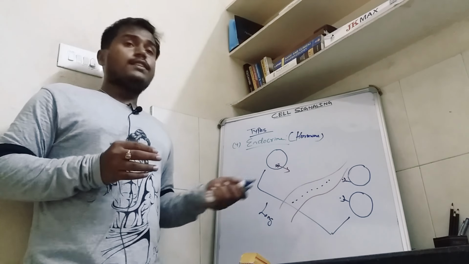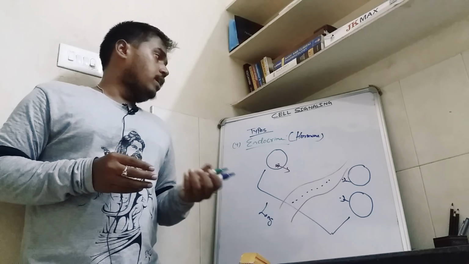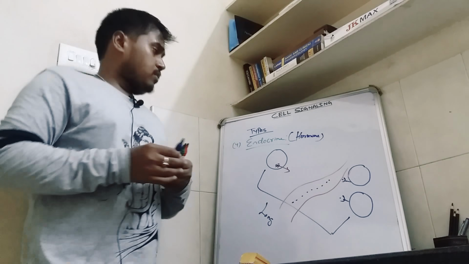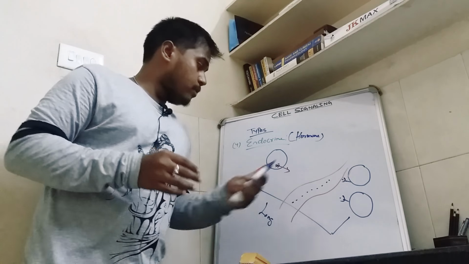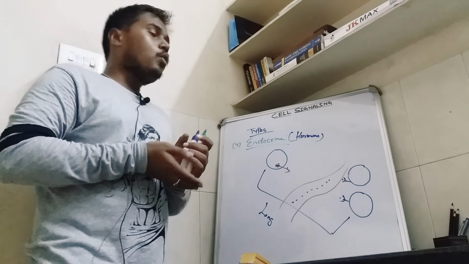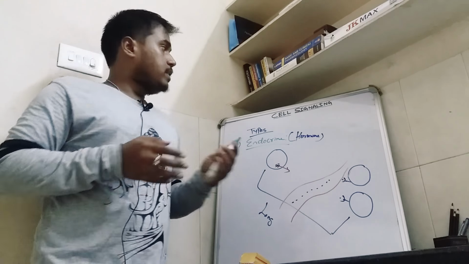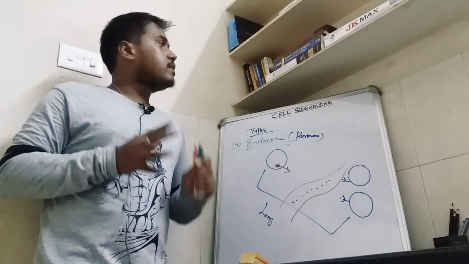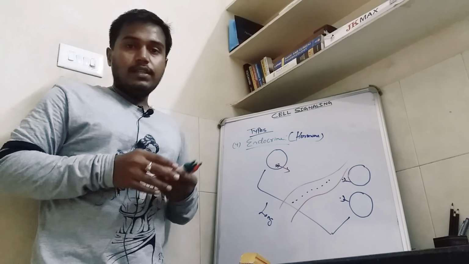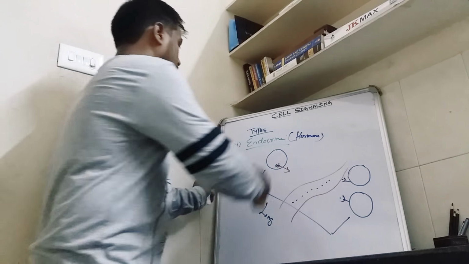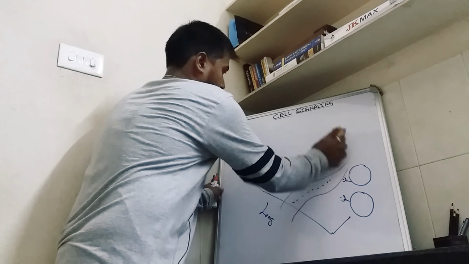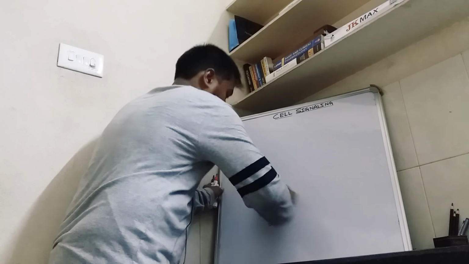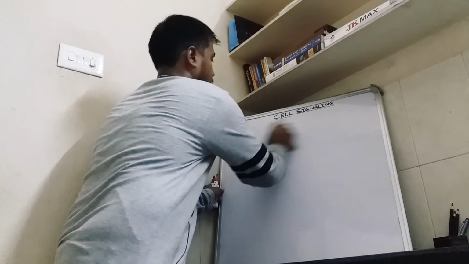For example, TSH, thyroid stimulating hormone, is secreted from the pituitary gland and travels to the thyroid gland through the blood stream, and this is called endocrine signaling. So, with this we discussed four major types of cell signaling: autocrine, juxtacrine, paracrine and endocrine. Now we will talk about cell signaling and receptors.